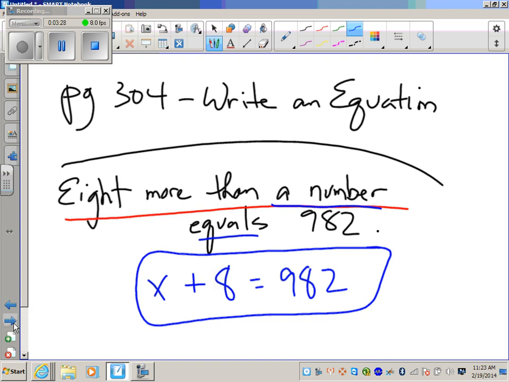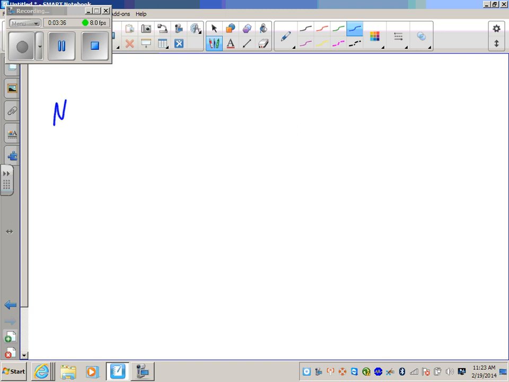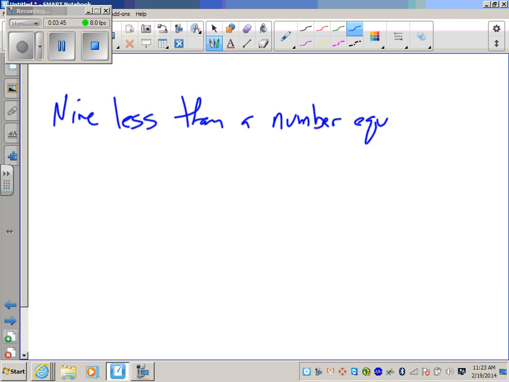Number 2, 9 less than a number equals 27. How am I going to show 9 less than a number equals 27? I'm going to show that. Whole thing.